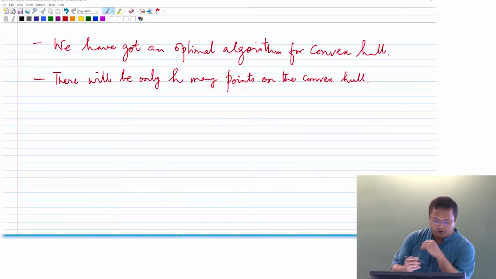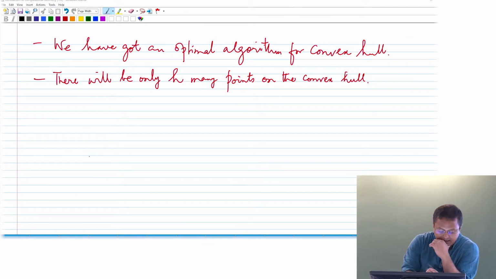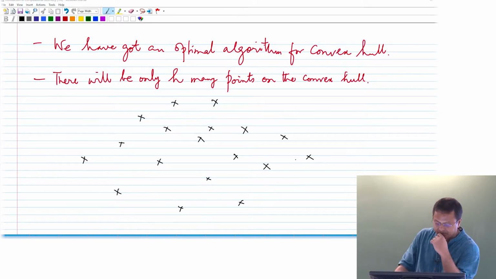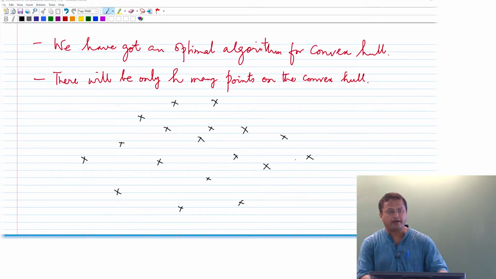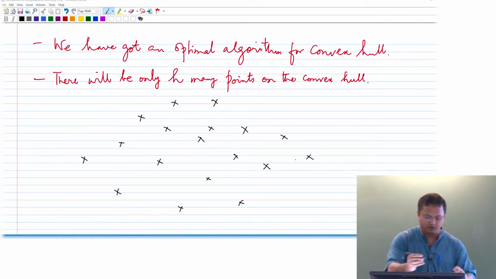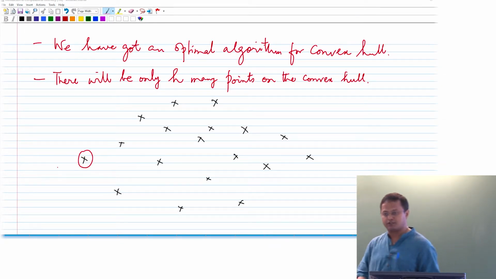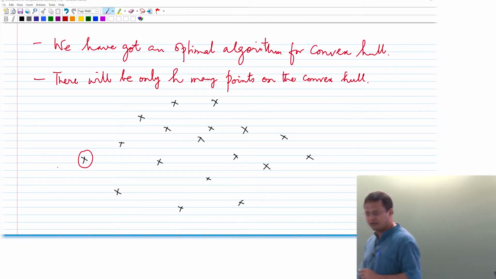Again, let us go back to our earlier observation about the point which I am sure is going to lie on the convex hull. I am sure of this point, it has the minimum x coordinate.